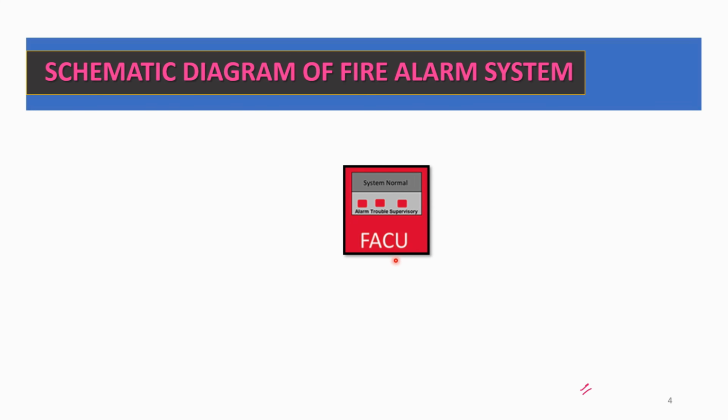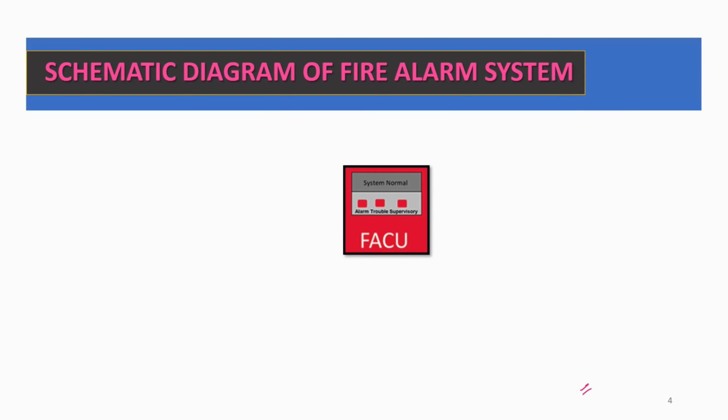And there are two types of fire alarm control panels. One is conventional, the other is addressable. If you want to know the difference between conventional and addressable type fire alarm panels, you need to watch my earlier video on overview of fire alarm system per NFPA 72.